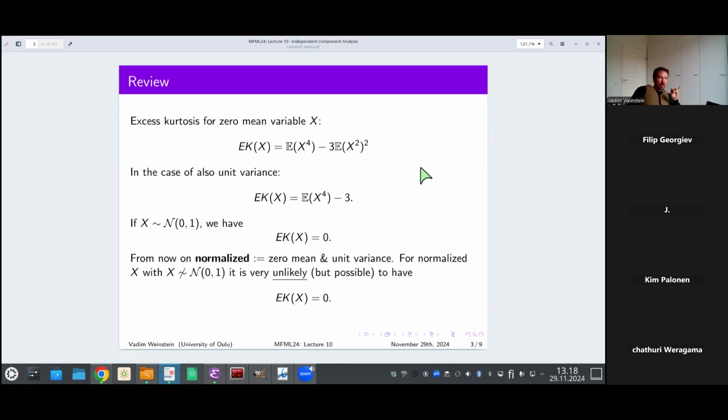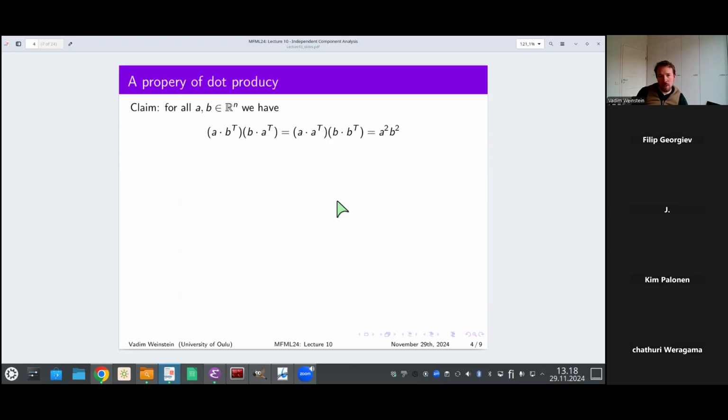It could be in very strange cases, but it's so unlikely that if you measure naturally occurring phenomena, then non-Gaussianity really strongly correlates with having kurtosis not equal to 0, excess kurtosis. Whenever I say kurtosis, from now on, I mean excess kurtosis. Okay, just a little mathematical prep before we get to do what we want to do.